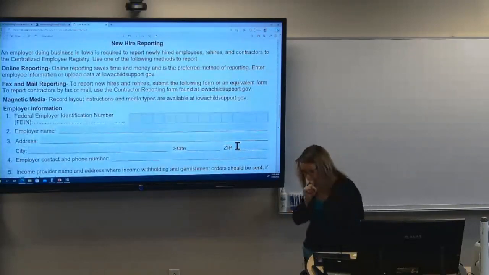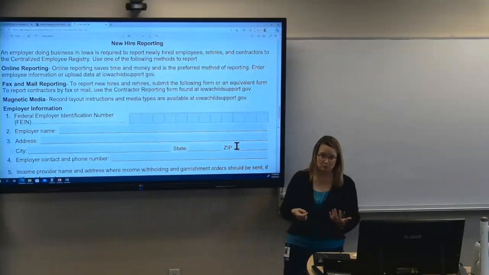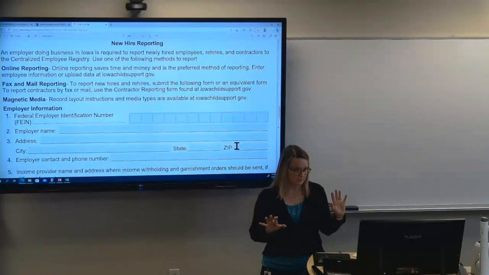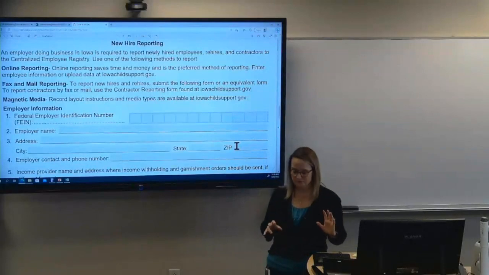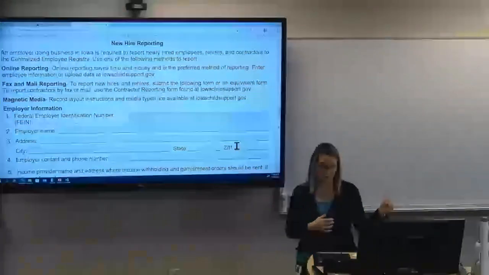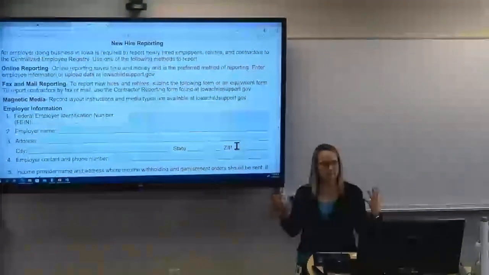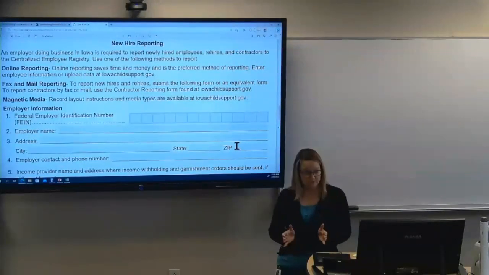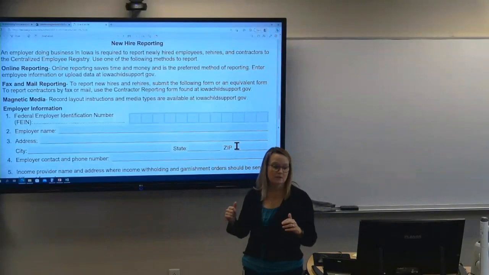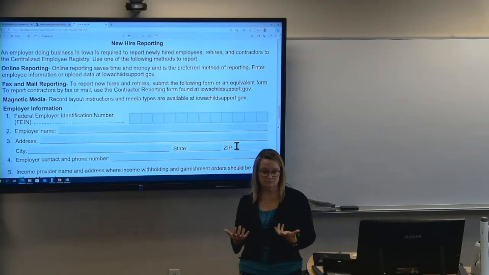Now, if you remember back in chapter 1, I think it was, we talked about all those different laws and regulations that the payroll department and the human resources department have to follow. And one of those things was they have to report new hires within a certain period of time in order to determine whether an individual is liable for child support garnishment, right?